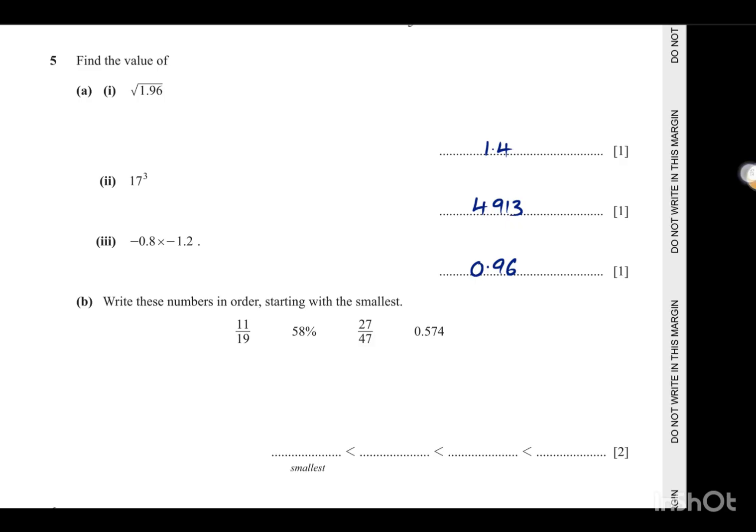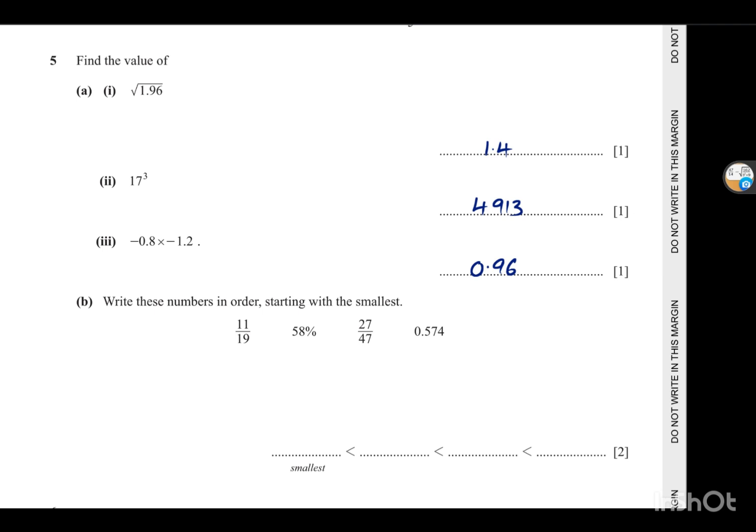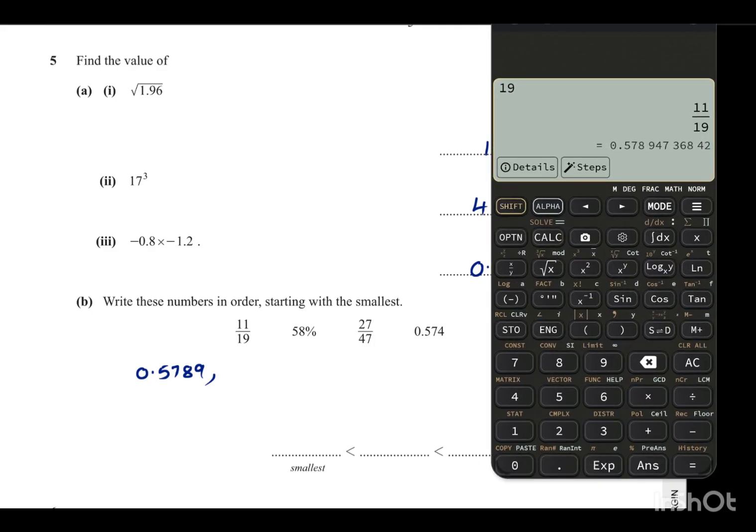Okay, so first one, 11 by 19. Now I'll write the decimal form of 11 by 19, but I will take 4 decimal places. So this is 0.5789. Then 58%. Find out the decimal form for 58%.